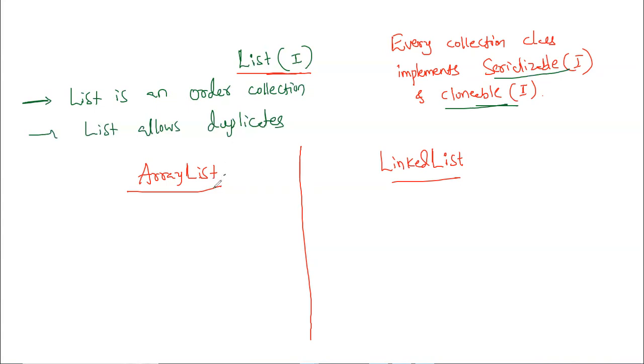Then for ArrayList, the internal data structure support is RandomAccess. RandomAccess is one more interface which supports ArrayList internally. Can we perform index-based operations or not?